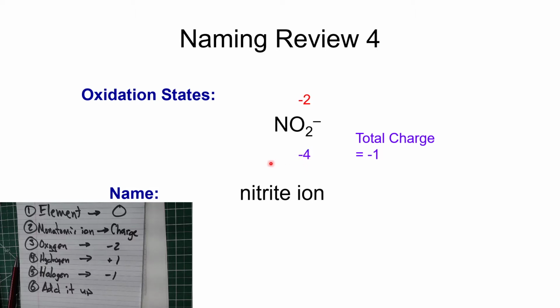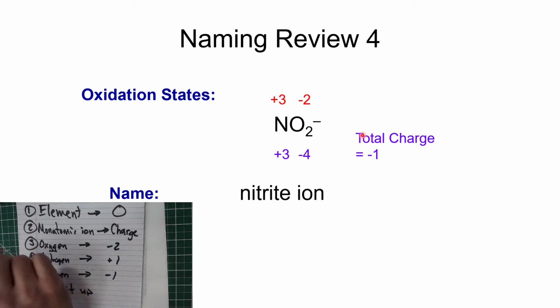And here is the hard math problem, and I'll put hard in quotes because it's not that hard. Some number plus -4 gives us -1. Well, clearly, that's going to have to be +3. +3 divided by the 1 nitrogen gives us +3. So the oxidation state of nitrogen in nitrite is +3.